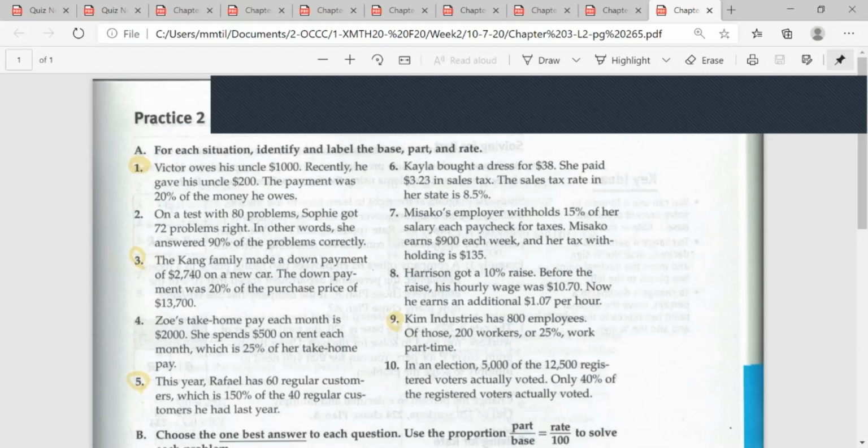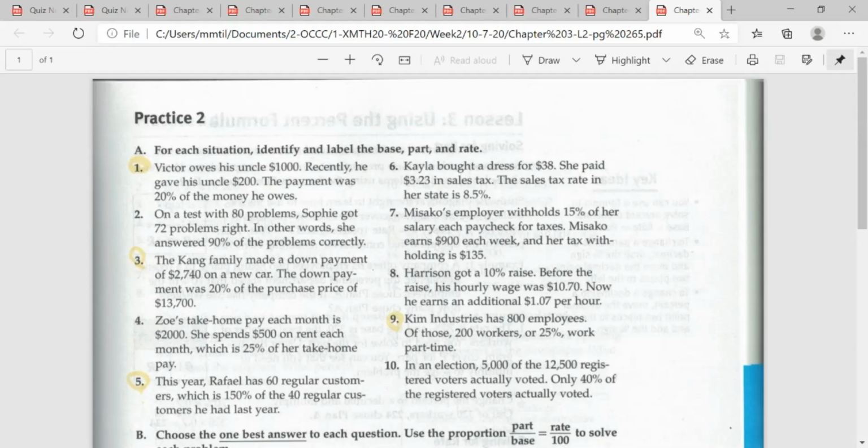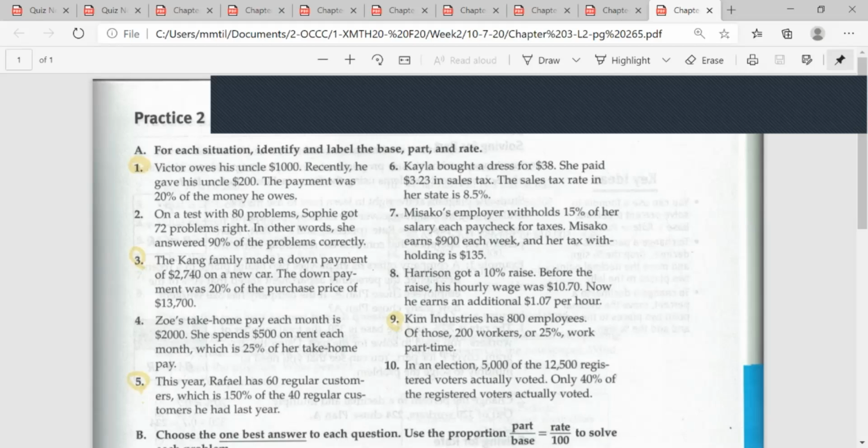It's 38, exactly. And what would the part be? It would be 3.23. Yep. And then somebody else, what would the rate be? It's the only thing left, right? 8.5. That 8.5% is the rate.